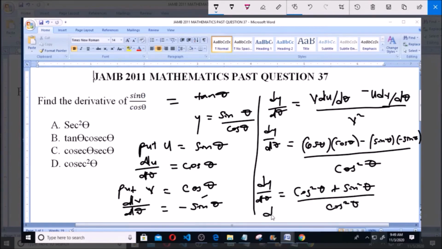Now from this, dy/dθ will be equal to 1 over cos squared θ, which is equal to sec squared θ. That is option A, sec squared θ, which is the answer to this question.